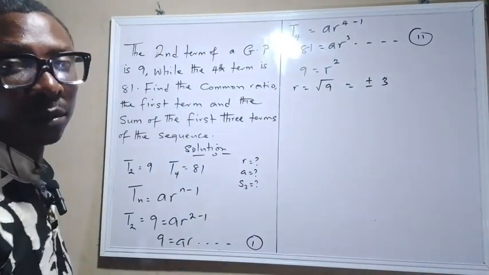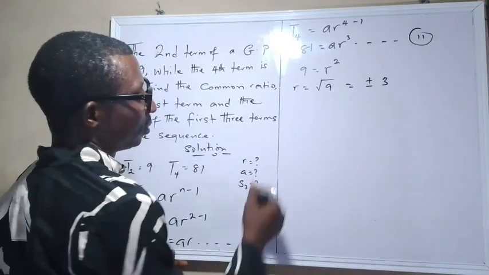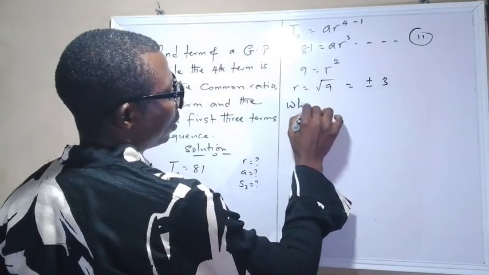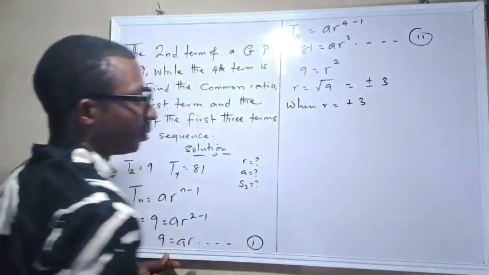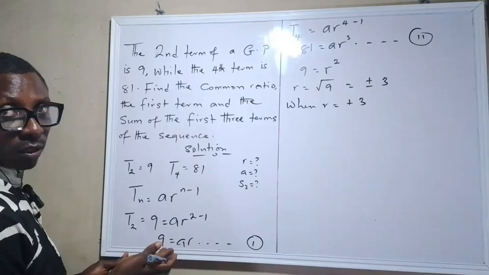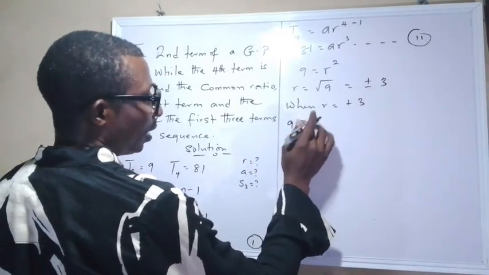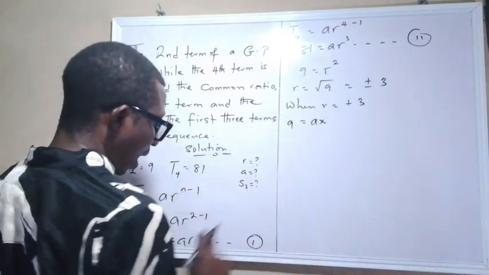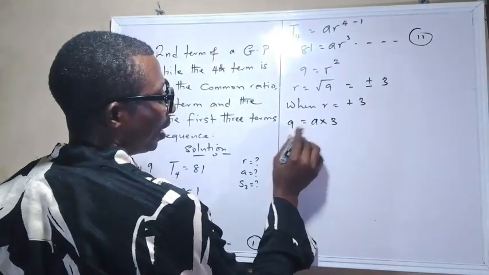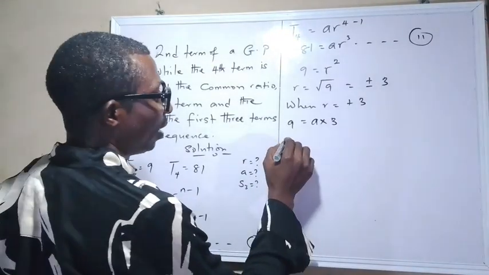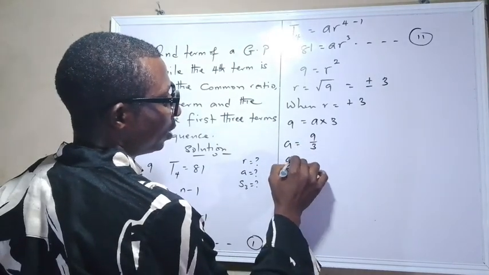Okay, so now the next thing is to get the first term. So when R is plus 3, we substitute into equation 1. So we have 9 equals A times R. R is 3. We divide both sides by 3 here. So we have A equals 9 over 3. So A is 3.